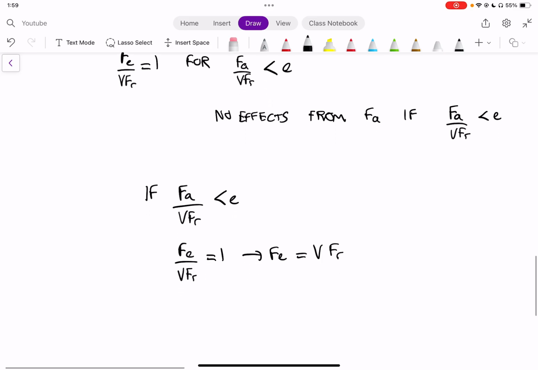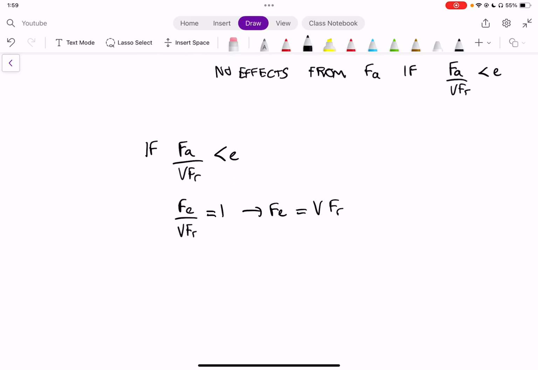Okay, very simple. Now, I'll draw this in blue since we wrote it in blue on the graph.